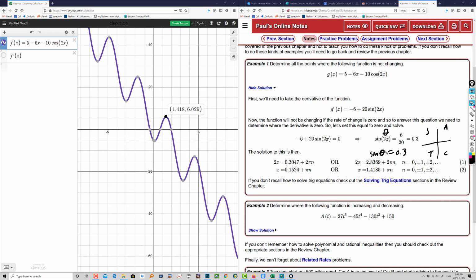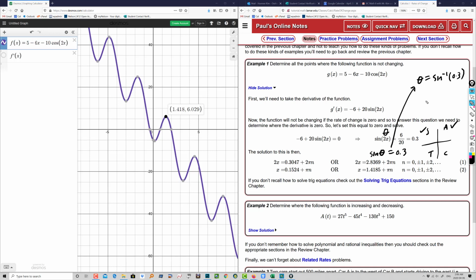ASTC, sine is positive in this quadrant. So use your calculator in radian mode. If you hit the sine inverse button to get the angle, theta equals sine inverse of 0.3, we get the reference angle.